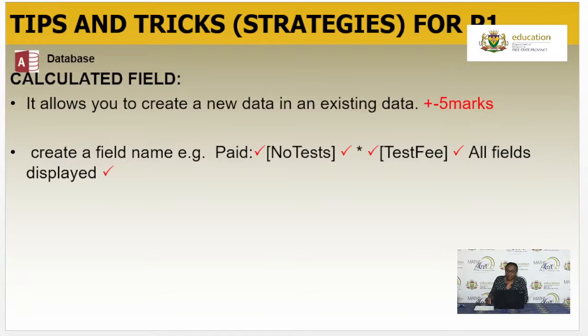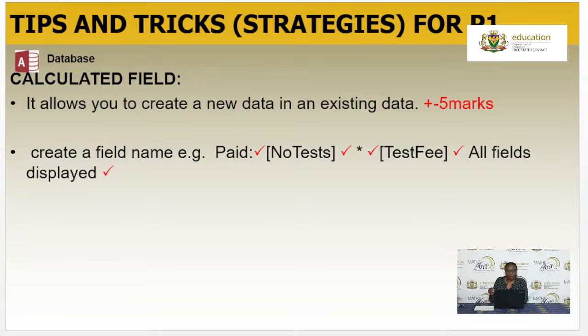Now we move to the calculated field. A calculated field allows you to create new data from existing data. A calculated field is a field that is not there, which means you must insert this field on your own.